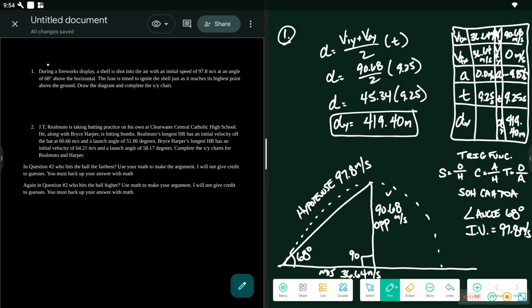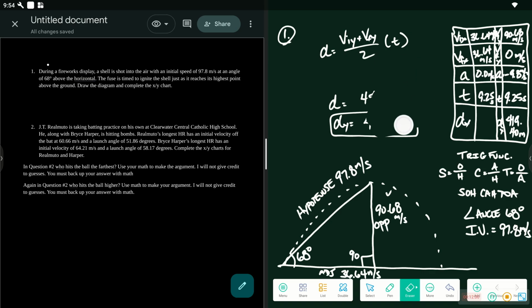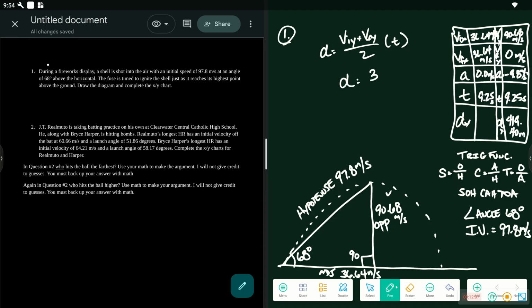And then to figure out how far it went on X, you can do the same thing, but in this case, it's going to be D equals 36.64 times 9.25. Because when you divide by 2, these are the same values, so you just take it out, and it's 36.64.